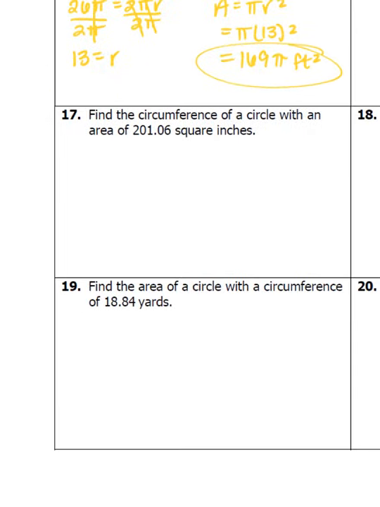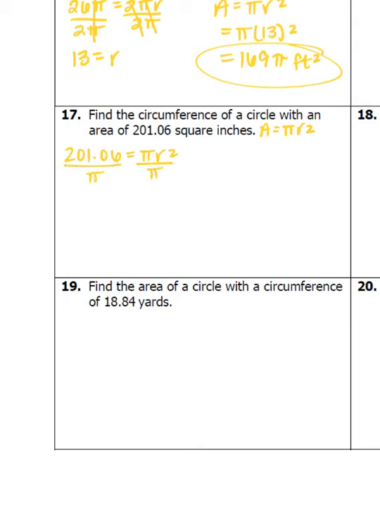All right, find the circumference of a circle with an area of 201.06 inches. So area is equal to pi r squared. So I'm going to take this 201.06 and set it equal to pi r squared. So first thing I do is divide by pi.